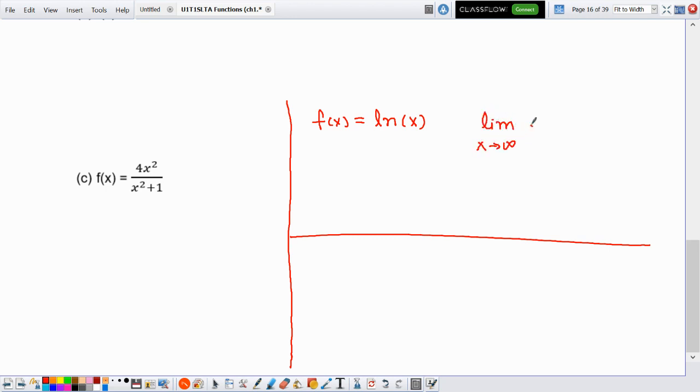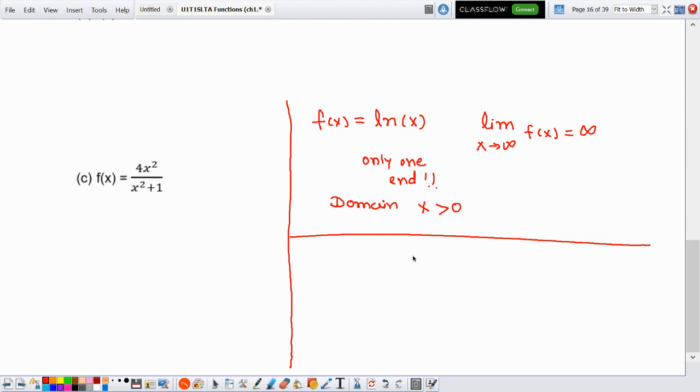As x approaches infinity, the function goes to infinity. Only one end, because of the domain. The domain is always x greater than 0, so x is never going to go to negative infinity. That's why we have only one end behavior.